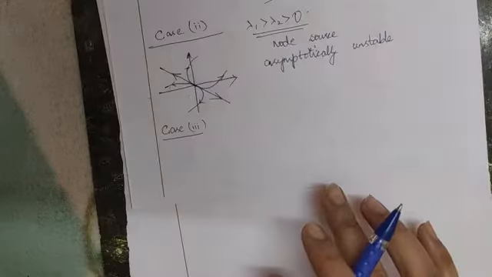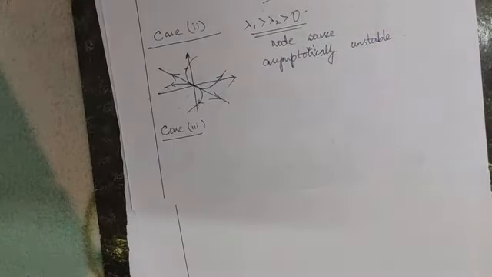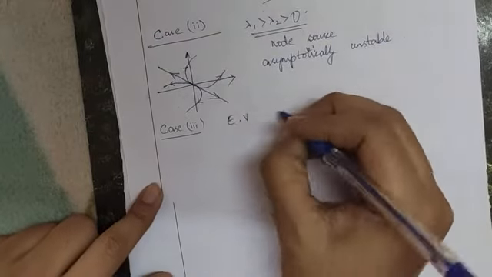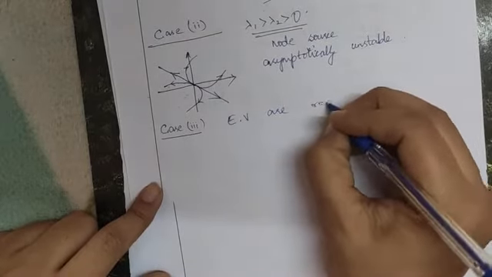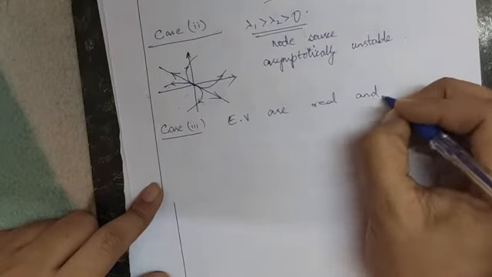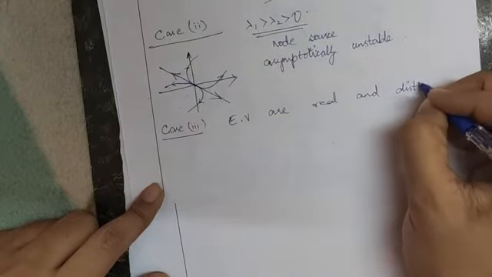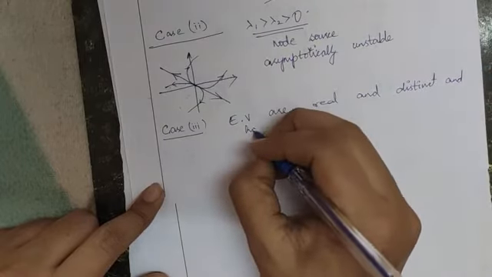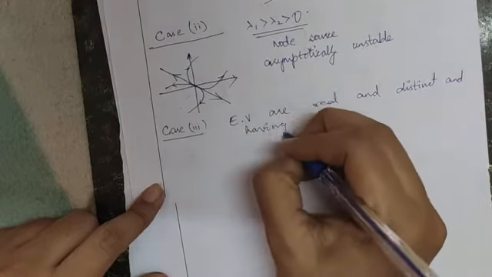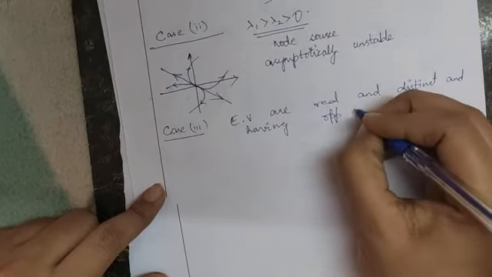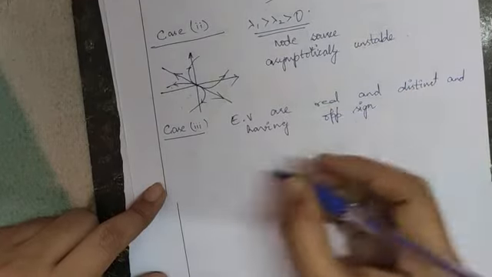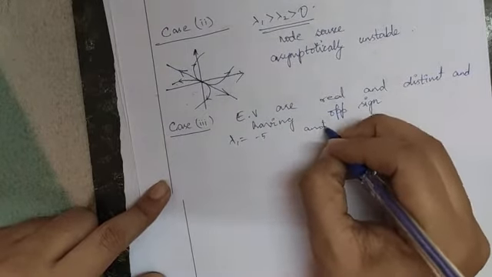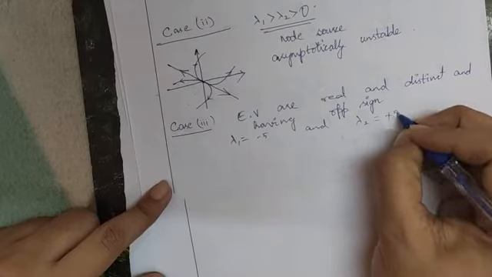Okay. Now let us consider case 3, that is, eigenvalues are real and distinct and having opposite sign. For example, lambda 1 is equal to -5 and lambda 2 is equal to +2.